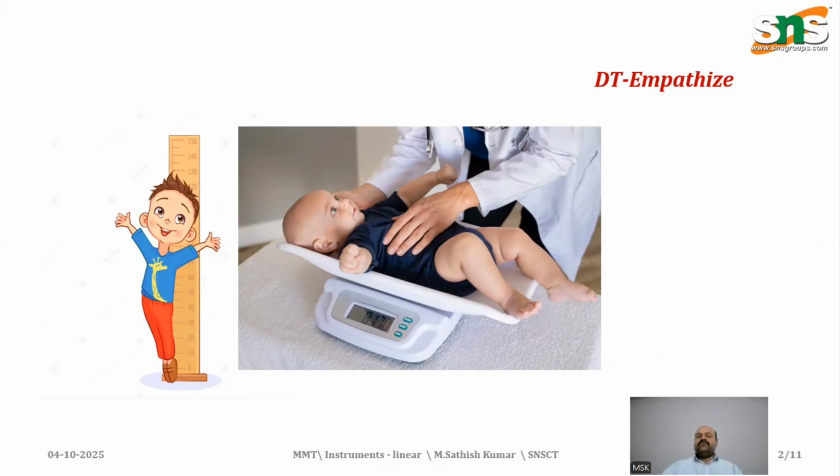So we use a linear scale for these height measurements. Likewise, this analogy holds good for all the manufacturing components we make, for getting a car or any other component. We need linear measuring instruments. I hope you understood what linear measuring instruments are and why we require them.